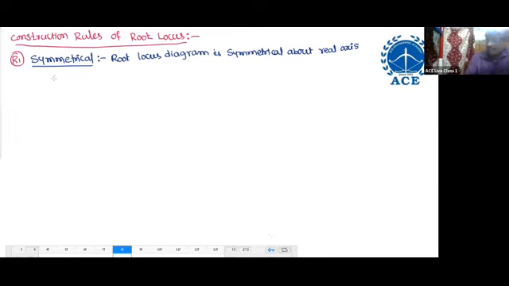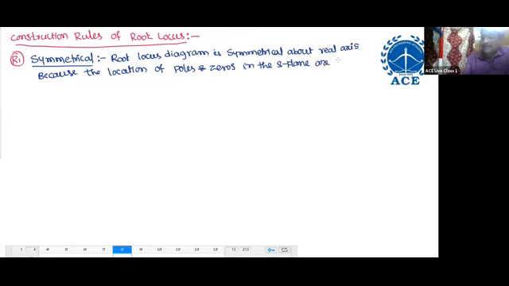Because the location of the poles and zeros in the S-plane are symmetrical about the real axis.